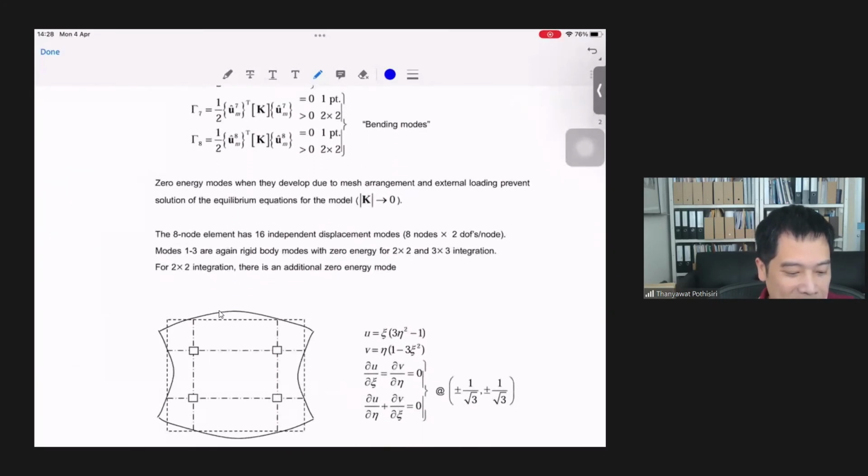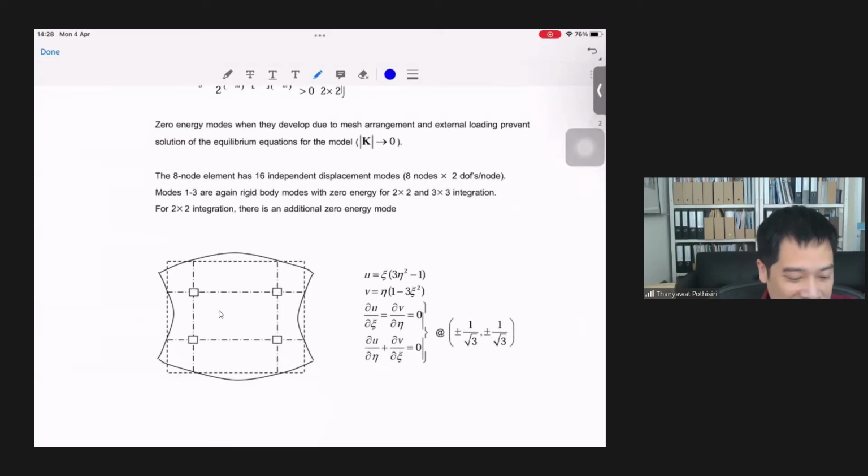Okay. Now, this is another example of an 8 node element. Okay, and 8 node elements, you can also have this 0 energy mode as well if you use a 2 by 2 point rule.